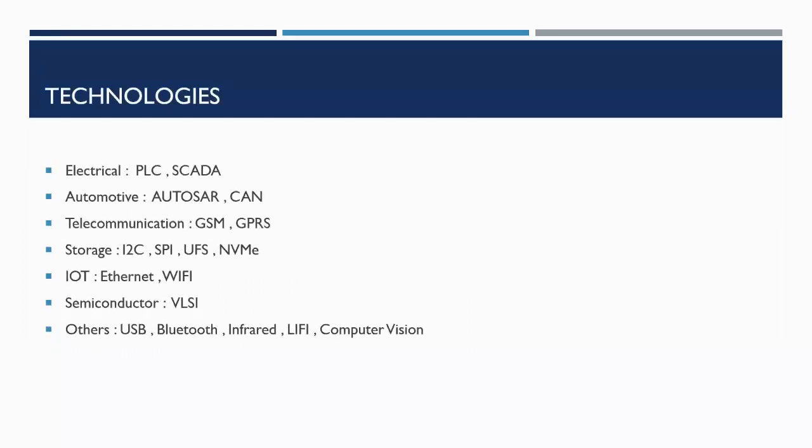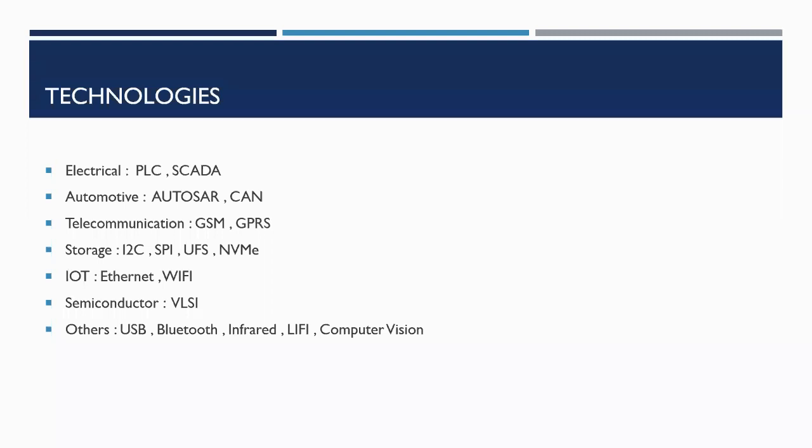Now the next part is technologies. An embedded engineer may not work on all the technologies in their career. Either they may stick to one or two technologies in their career.